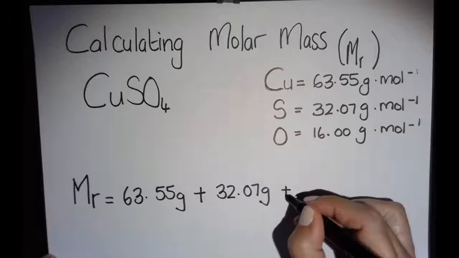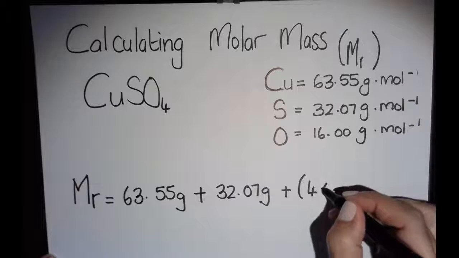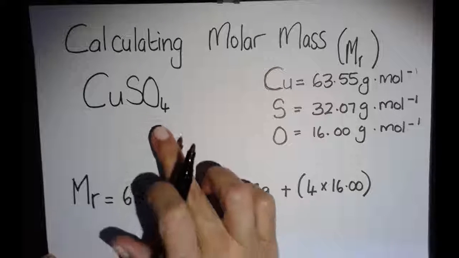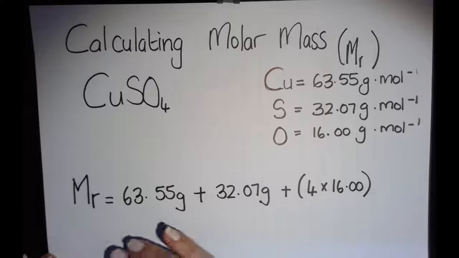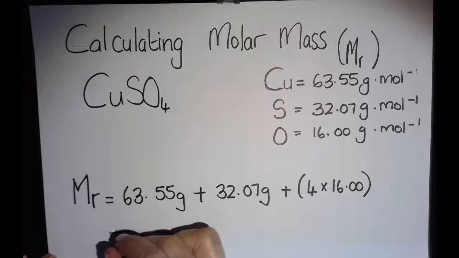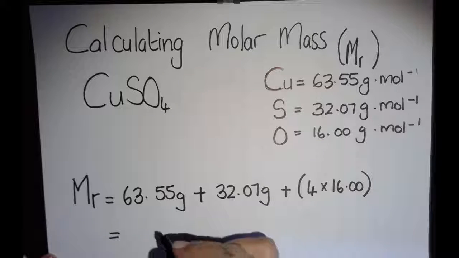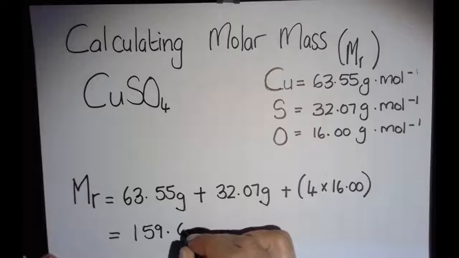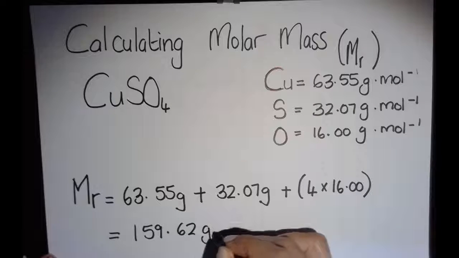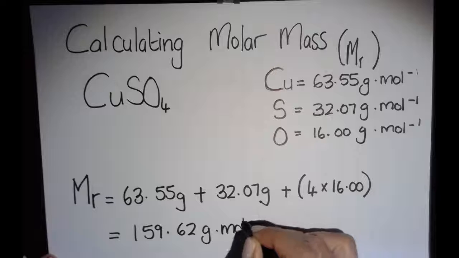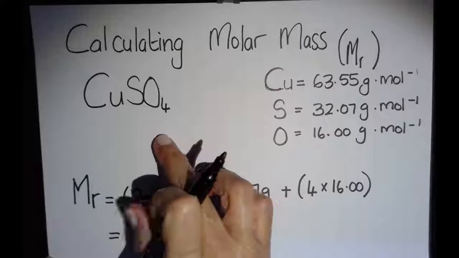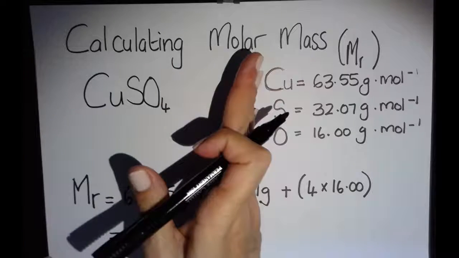And I'm going to add that to 4 times 16, because I have 4 oxygens. I simply add all my masses together to get a grand total of 159.62 grams per mole.